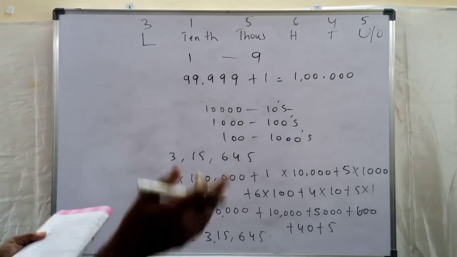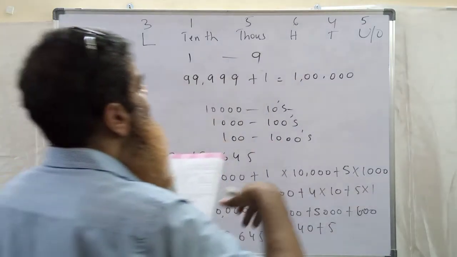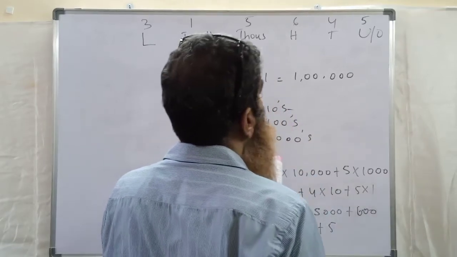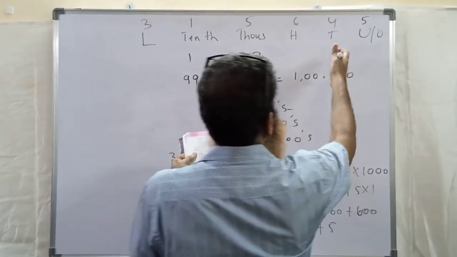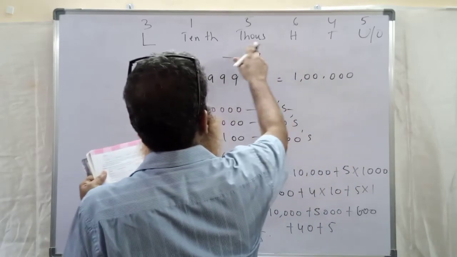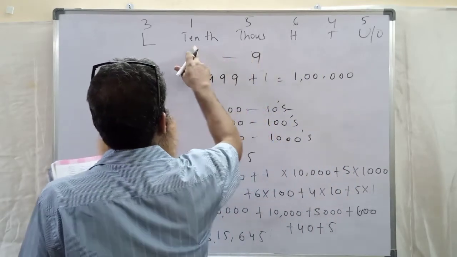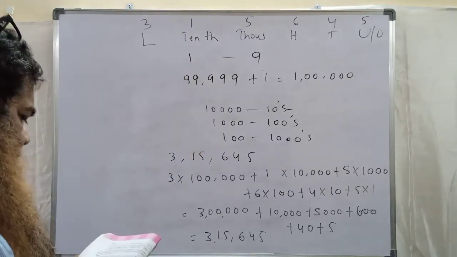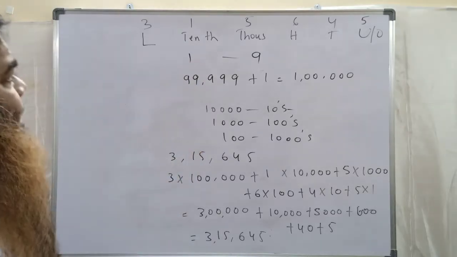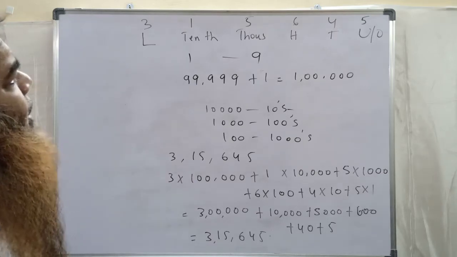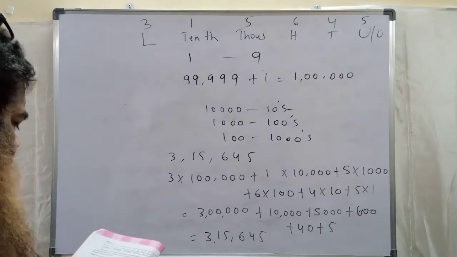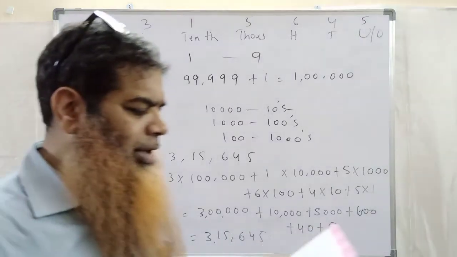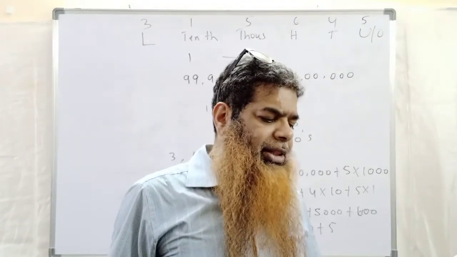In reverse order, this number has 5 in ones place, 4 in tens place, 6 in hundreds place, 5 in thousands place, 1 in 10,000s place, and 3 in lakhs place. We read the number as 3,15,645.